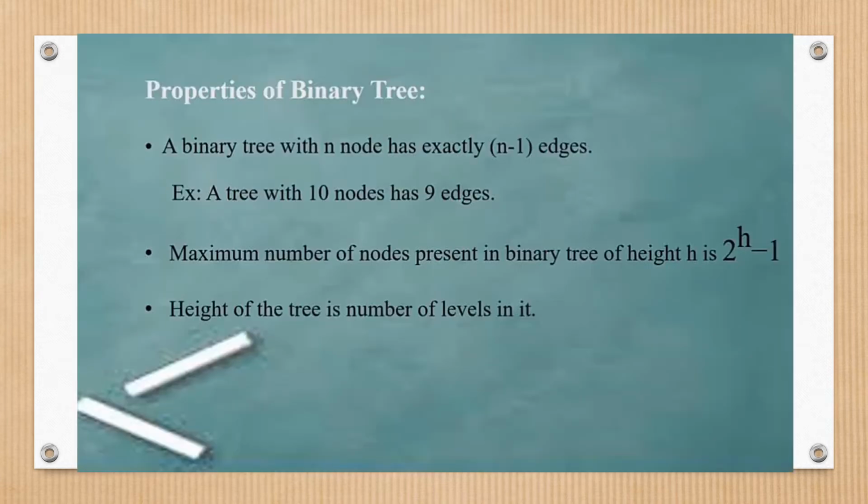Properties of binary tree. A binary tree with n nodes has exactly n minus 1 edges. If a binary tree contains 10 nodes, then 9 edges will be there. And the maximum number of nodes present in a binary tree of height h is 2 power h minus 1.